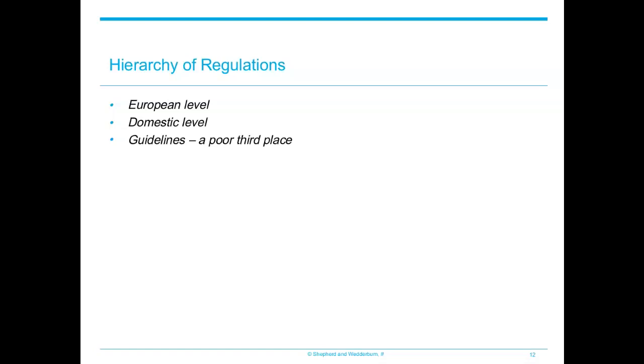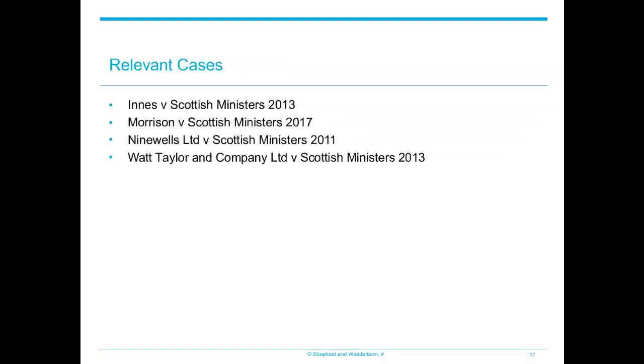Reverting to my list of cases, just a wee word of warning for professional advisors in relation to Watt Taylor and Company Limited v Scottish Ministers, which was a case in 2013. In that case, the appellant argued before the court that the mistake in the relevant application form had been one that was made by his professional advisor and not him, and that therefore he should be excused the consequences of the error.